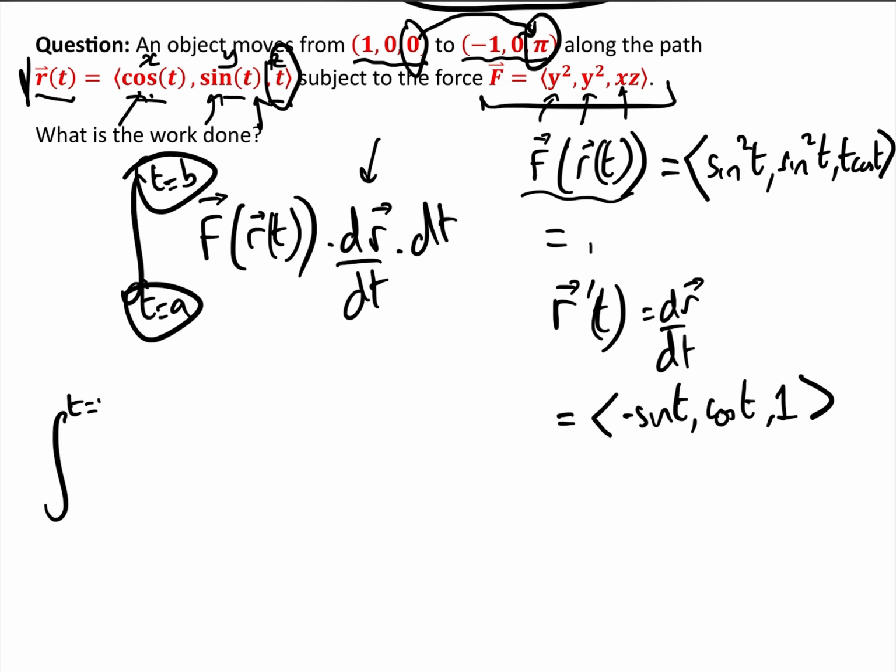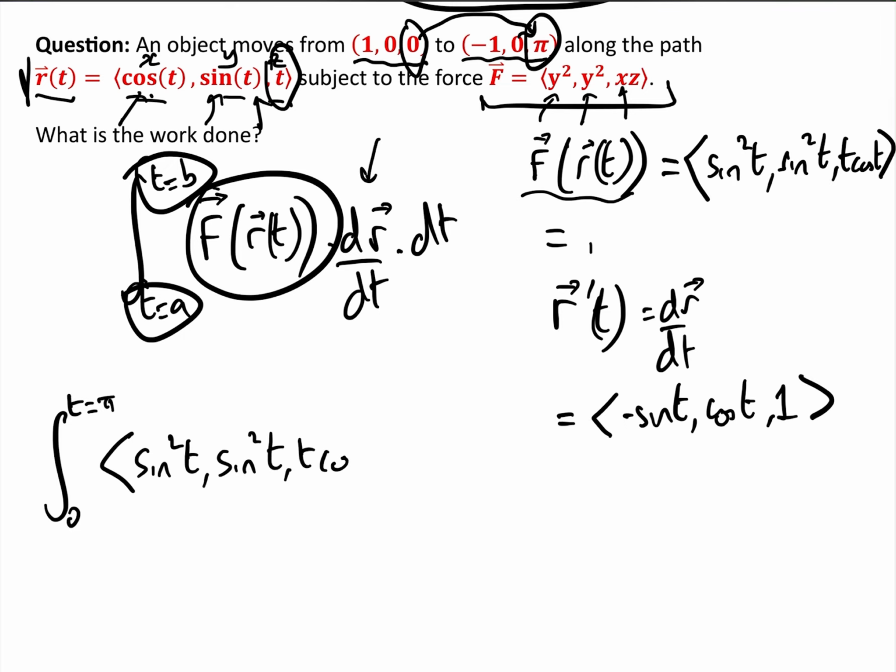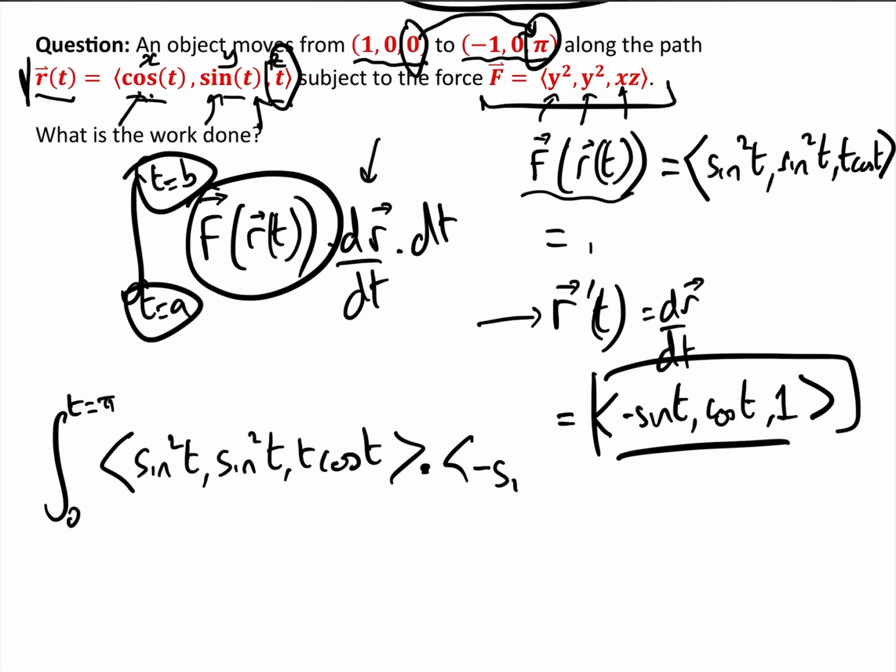So the integral from t equals 0 to pi of F of r of t, which we've already worked out as the vector (sine squared t, sine squared t, t cos t), dot product with r dashed of t, which is (minus sine t, cos t, 1), dt.